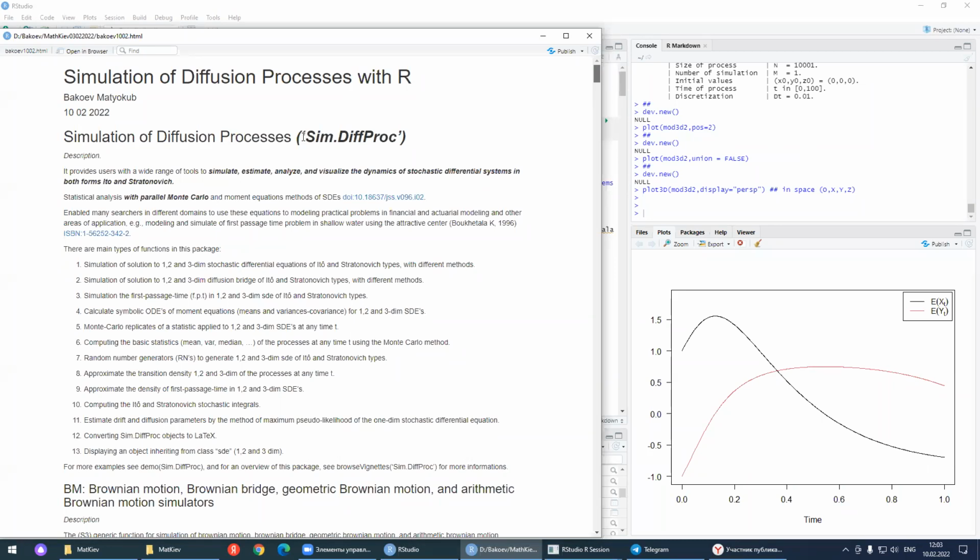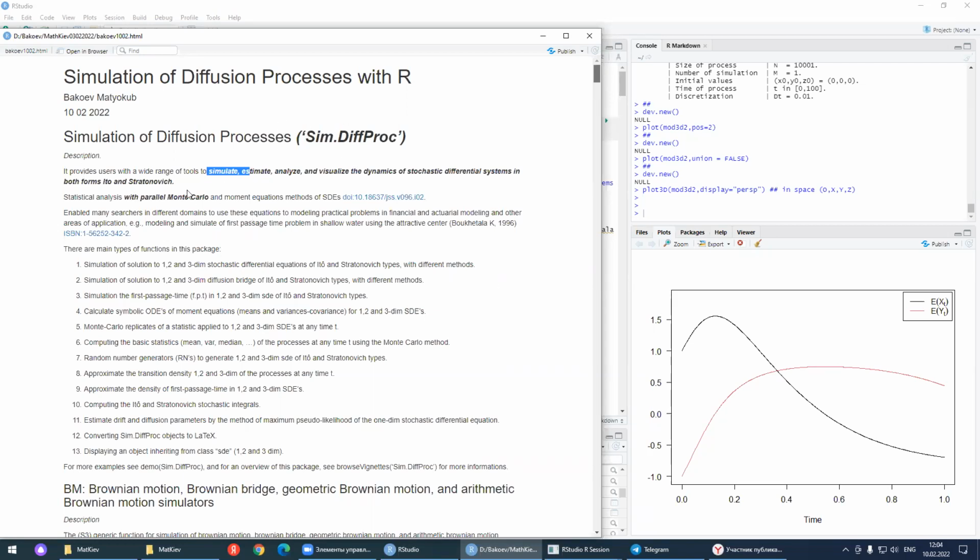This is a package, sim-diff-proc, in R. This package provides a wide range of tools to simulate, estimate, analyze, and visualize the dynamics of stochastic differential systems in both forms, Ito and Stratonovich. I will show some examples further on.